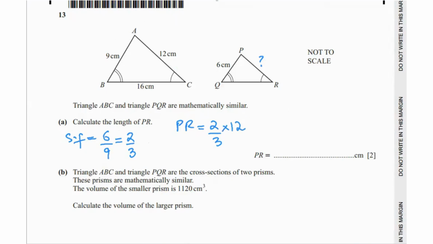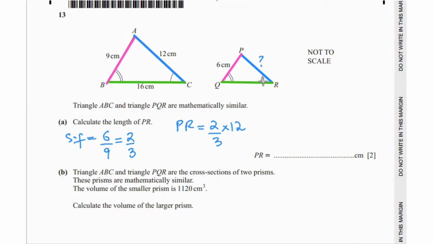which is AC. Why are we choosing AC? Because AC is similar to PR. Just like AB was similar to PQ. And same goes for BC, which is similar to QR. In similar shapes, your corresponding lengths are increasing or decreasing by the same scale factor depending on the size of the shapes.